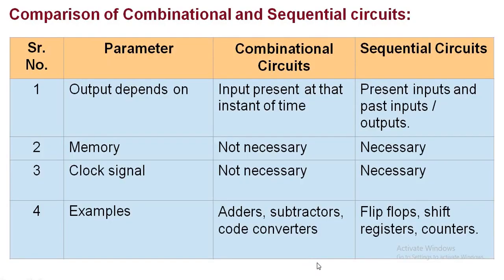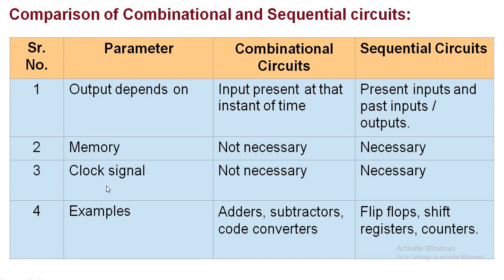This is the comparison of combinational and sequential logic circuit. So first point for comparison is output depends on. Combinational logic circuit output depends on the present input only. In sequential, present input as well as past input. Second parameter for comparison, memory. In combinational logic circuit, not necessary. In sequential circuit, it is necessary.